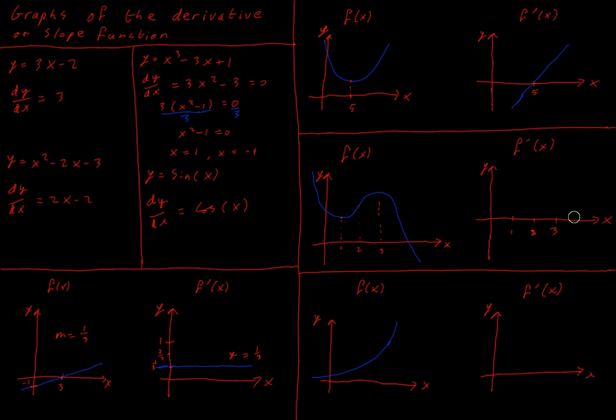So I know that my slope should be negative coming down to 1. Pardon, my slope function should be negative up to 1, so I should be below the x-axis up to 1. Then I am positive all the way around. I should have my maximum at the point of inflection at 2.